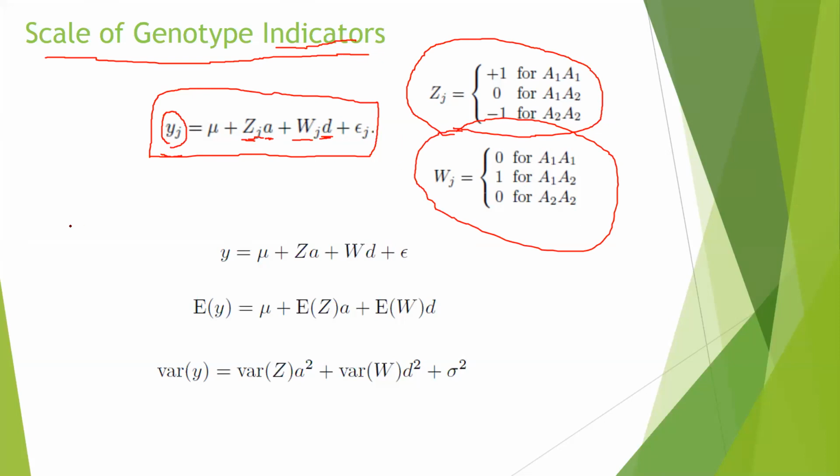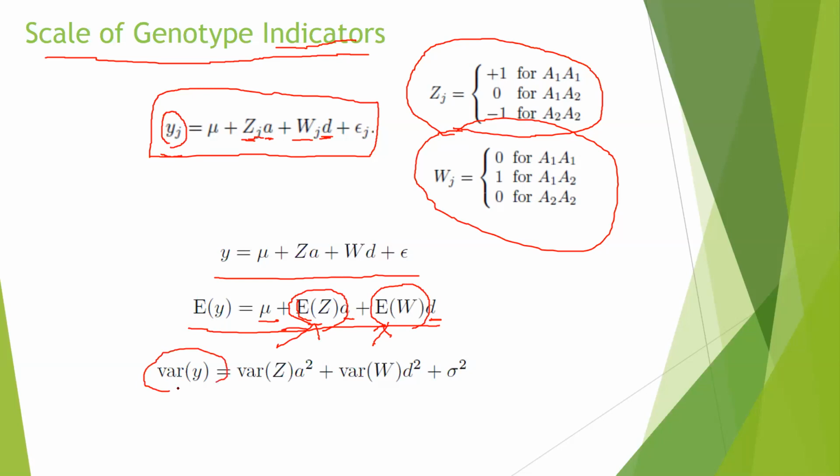Now, this is what we have learned. This is the linear model, and the expectation of the linear model is this, right? Those are the parameters. They are constants. We don't know them, but we know they are constants. We want to estimate them using our data. But the expectation is relevant to this because we have two random variables here, so the expectation will be reflected here. This is the expectation.